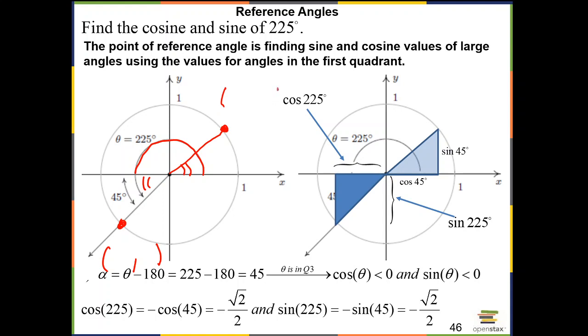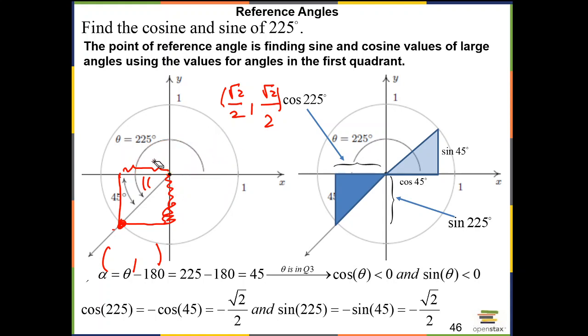Now, what are the cosine and sine of 45? We already know that, right? Cosine of 45 is square root of 2 over 2, and sine is square root of 2 over 2. So we know that this value right here is exactly the same as this value except for the sign. And this value right here is exactly the same as this value except for the sign, right?